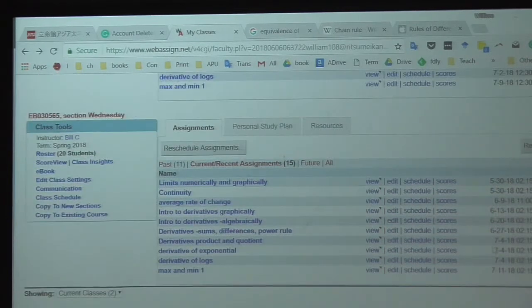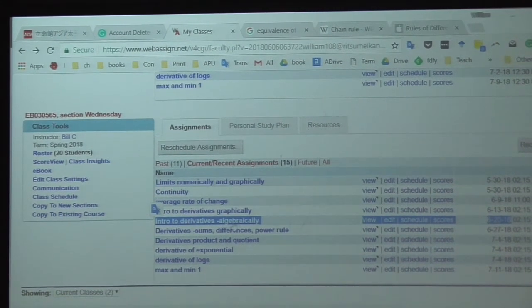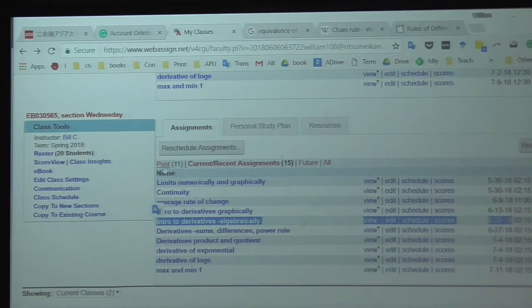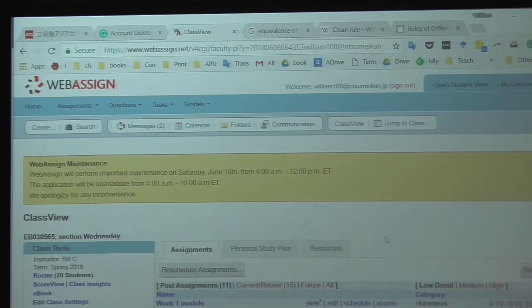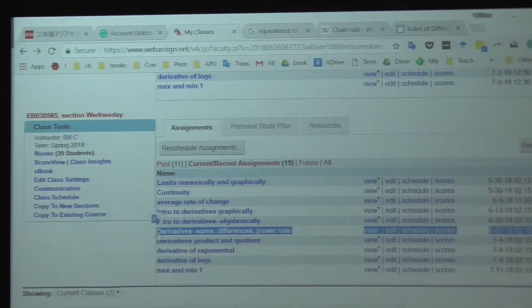But anyway, for you guys, you're responsible for up to here: intro to derivatives algebraically. No, because this is only the current ones. So the past one. Anyway, okay, up to that, including that. All right? Everyone understand? So from here backwards, that's what the exam will cover.